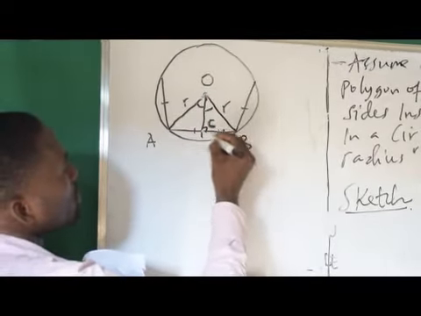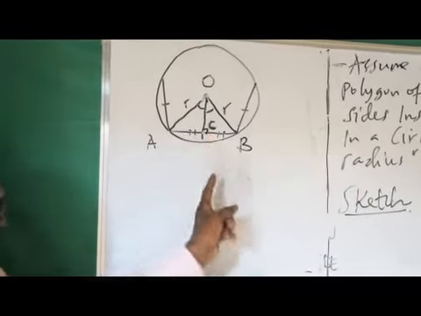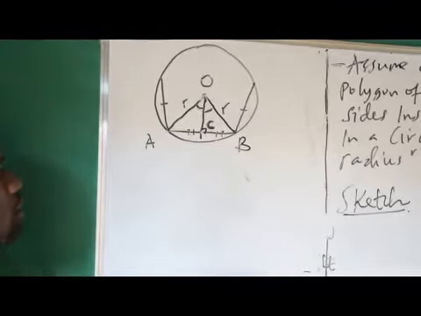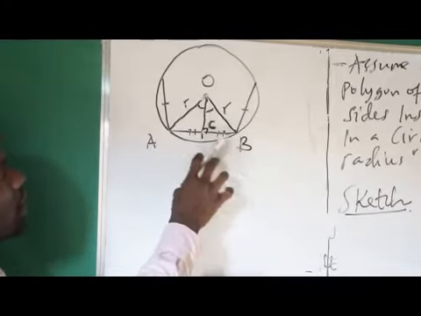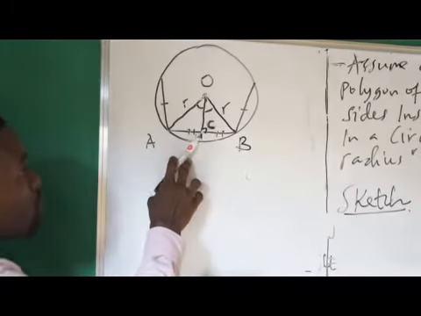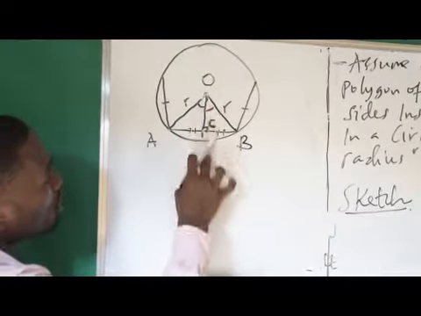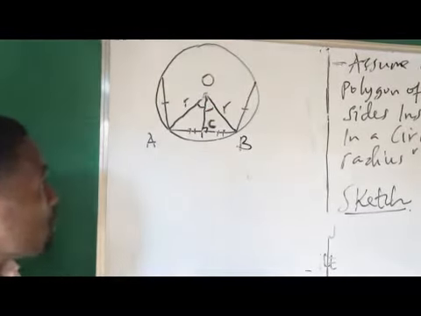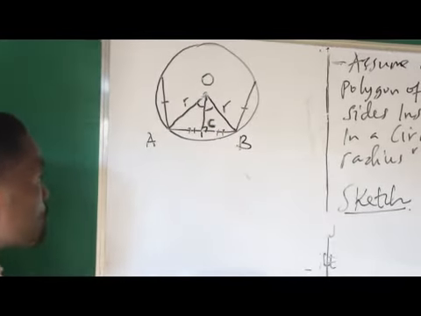Even the segment here is equal to the segment there. So AC is equal to CB, also OA is equal to OB, and the angle AOC is also equal to angle BOC. Why? Because of OC being a perpendicular bisector.